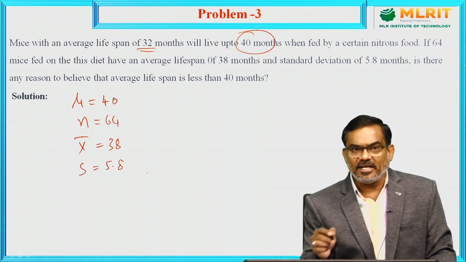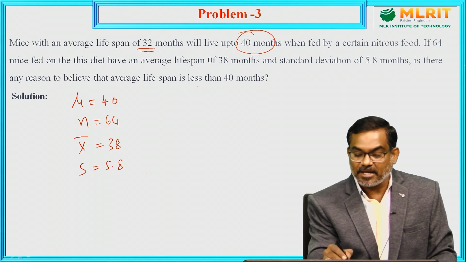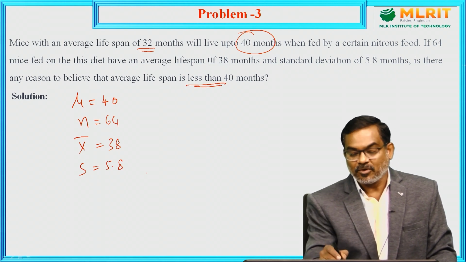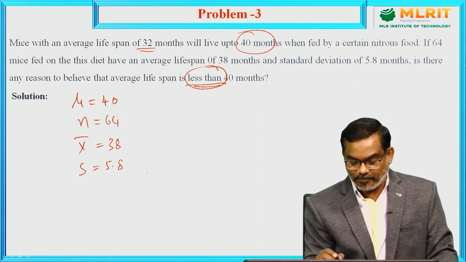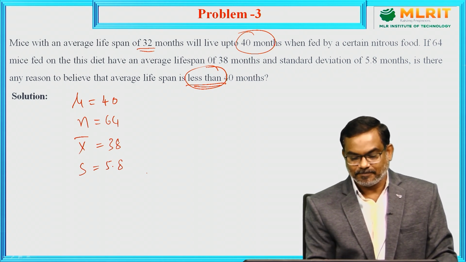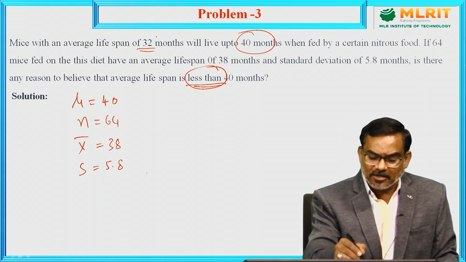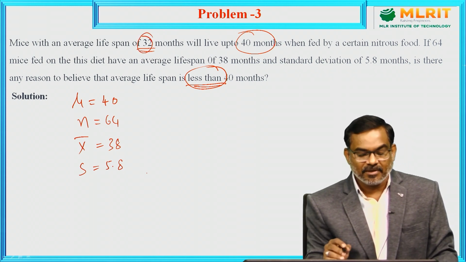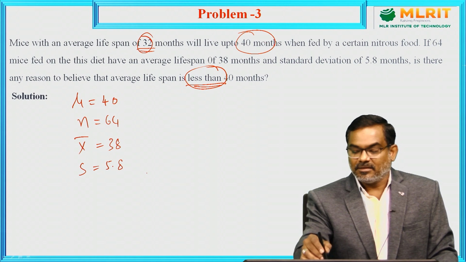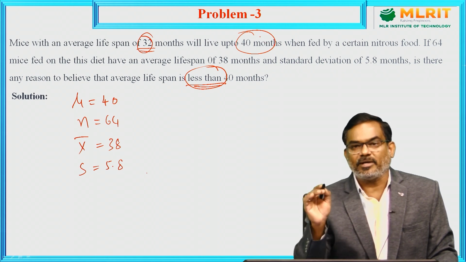Now, is there any reason to believe that the average lifespan is less than 40 months? Here this less than is given, that means we consider the alternative hypothesis as less than type. Do not concentrate on this 32 months, this is the general information given, and the claim is they live up to 40 months.